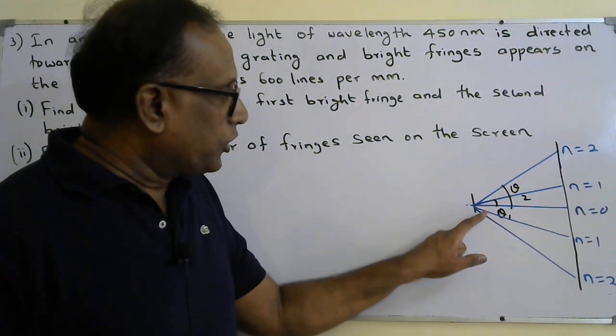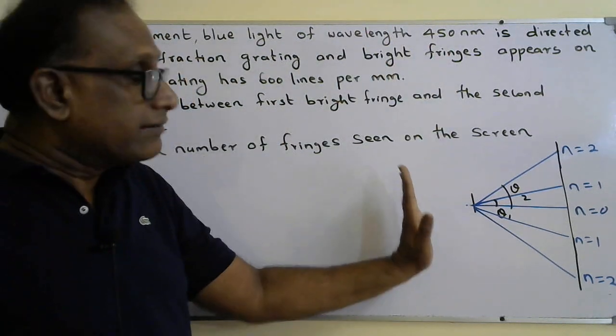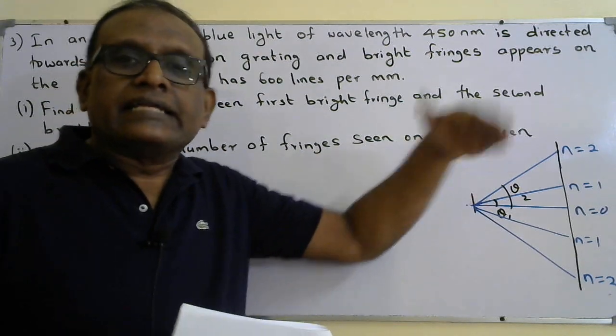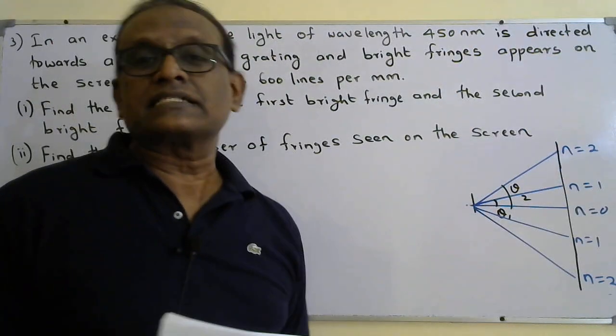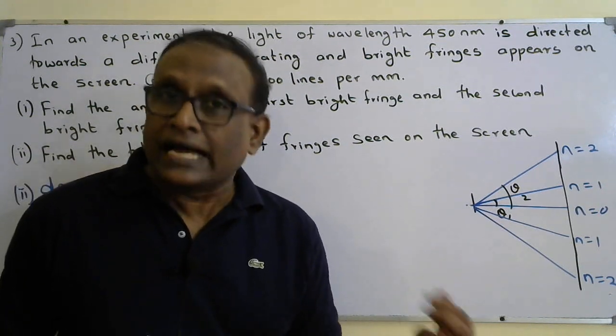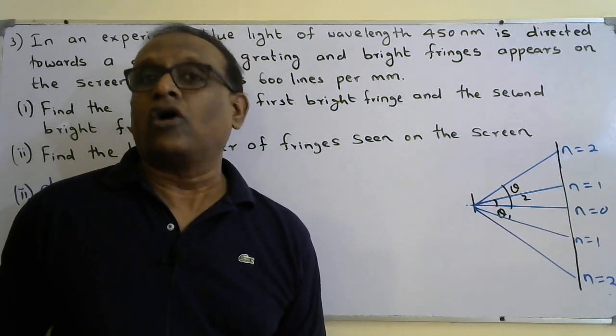Practically, 90 degrees means the light goes vertically, parallel to the screen, so you can't keep a screen there. But if it is 89.99 degrees, somewhere it will reach the screen, far away. So theoretically we calculate, when theta becomes 90 degrees, how many orders will there be?